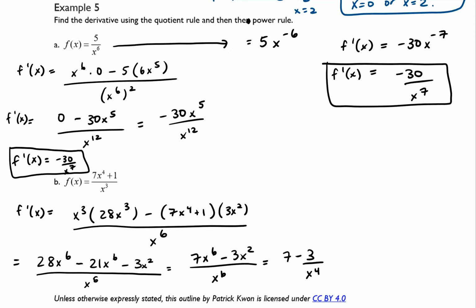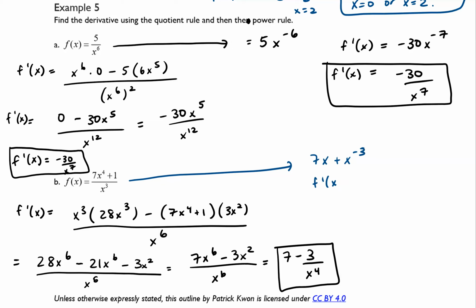Okay, so that is our derivative function. Let's do that now using the power rule. So I'm going to rewrite this. If I divide, then we get 7x plus 1 over x cubed, which I'm going to rewrite like that.